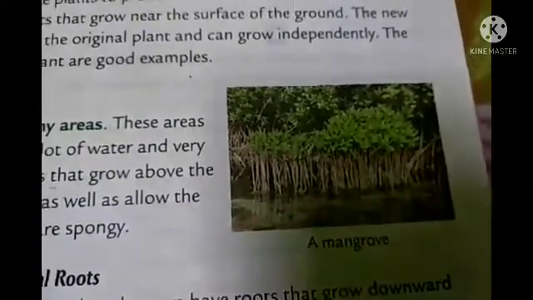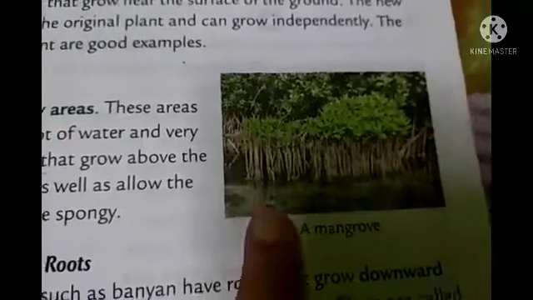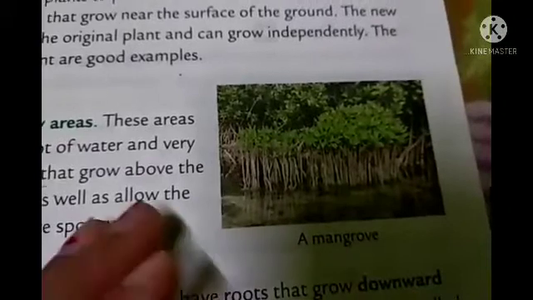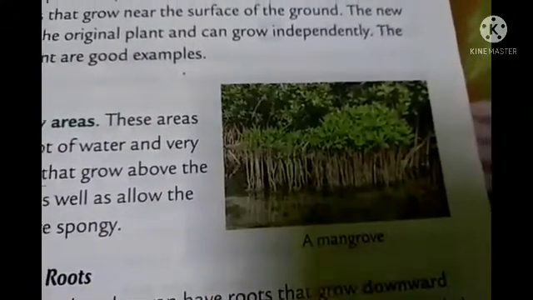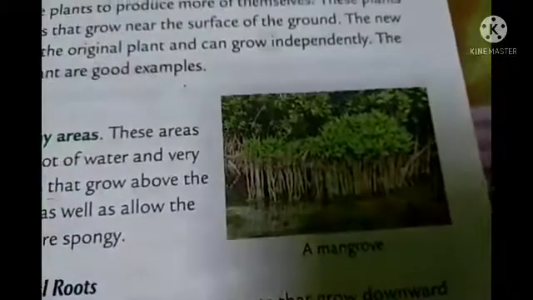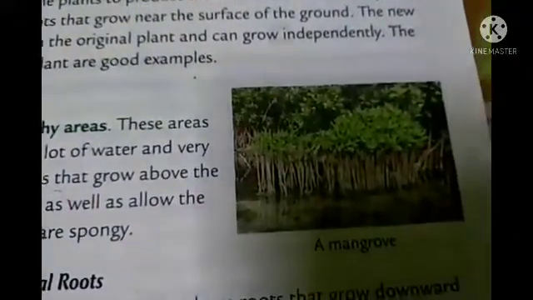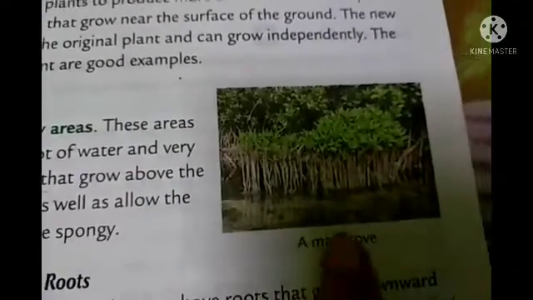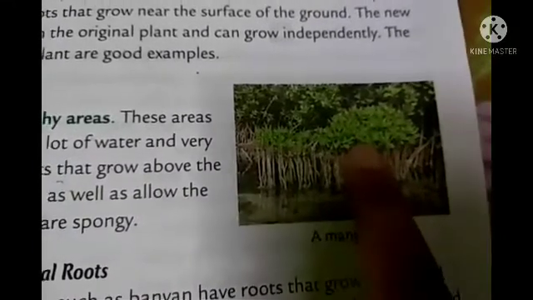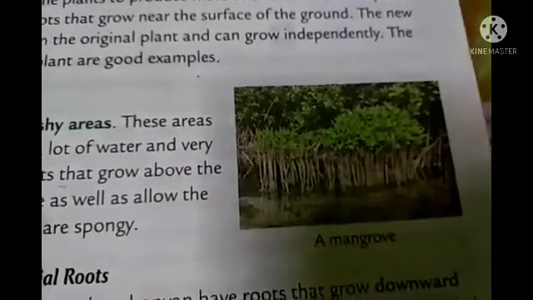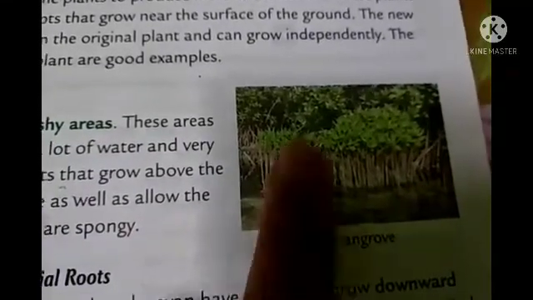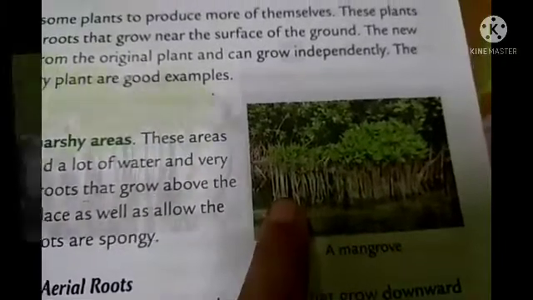So these trees have roots that grow above the ground. These roots hold the trees in place, and they also allow the plant to breathe. So they are also called breathing roots.